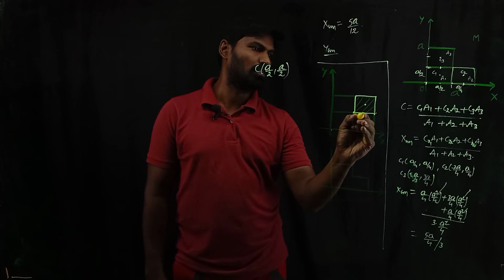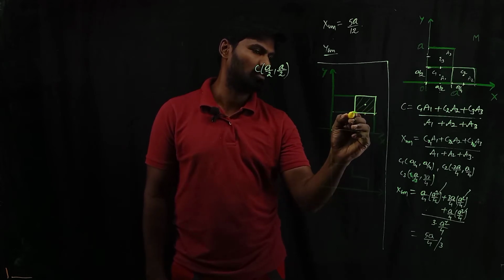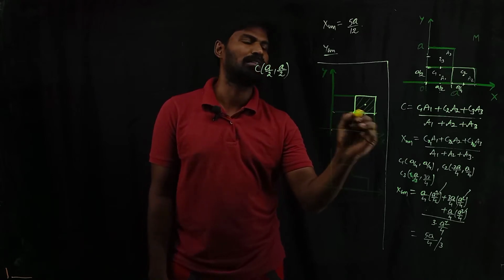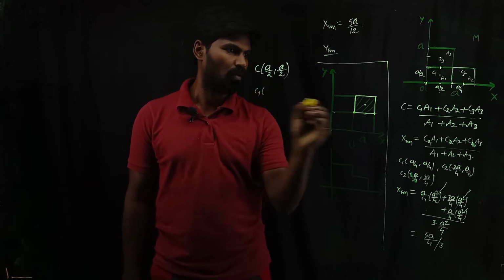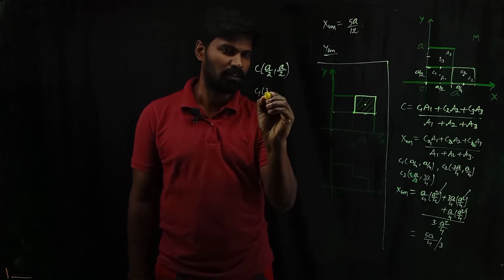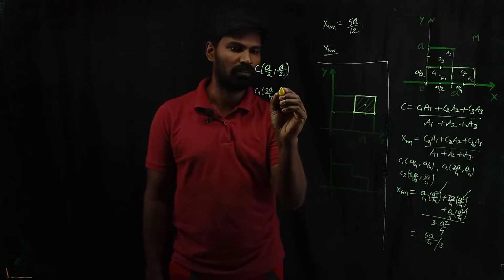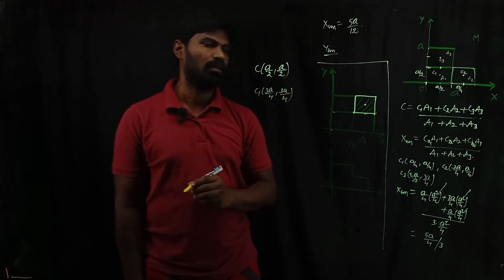So the distance from here to here: the total distance is a, half is a by 2, half of that is a by 4. So the distance from here to here is a by 2 plus a by 4, 3a by 4. So C1 coordinates, I am taking as 3a divided by 4, comma, and the y coordinate also 3a divided by 4 only. What is C1?